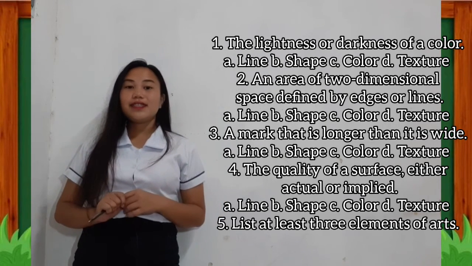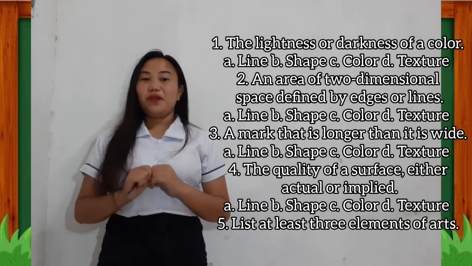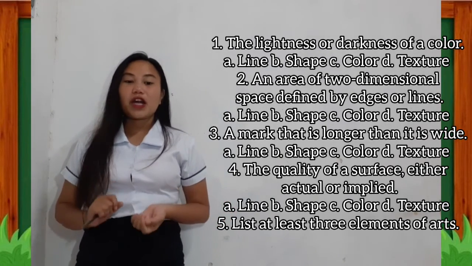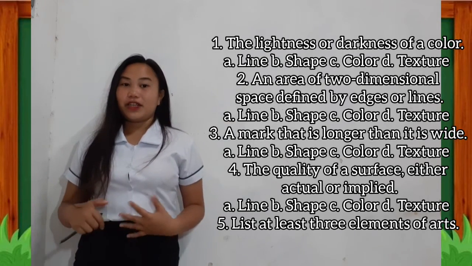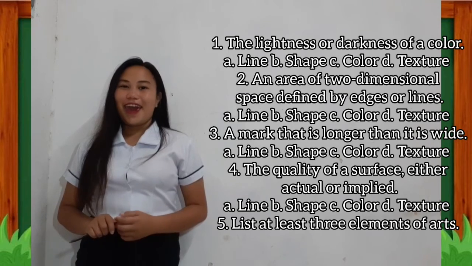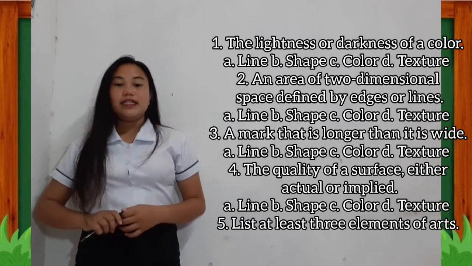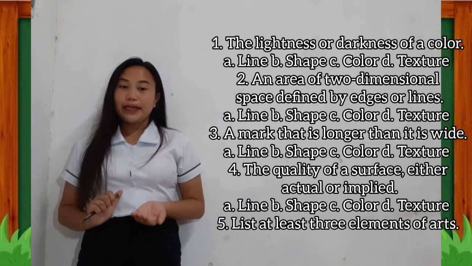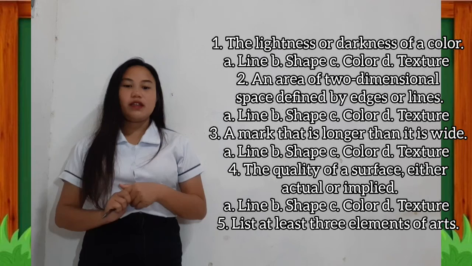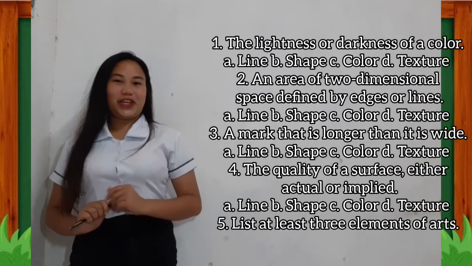The answer is B. Shape. Number 3. A mark that is longer than it is wide. The answer is A. Line. Number 4. The quality of surface, either actual or implied. The answer is D. Texture.